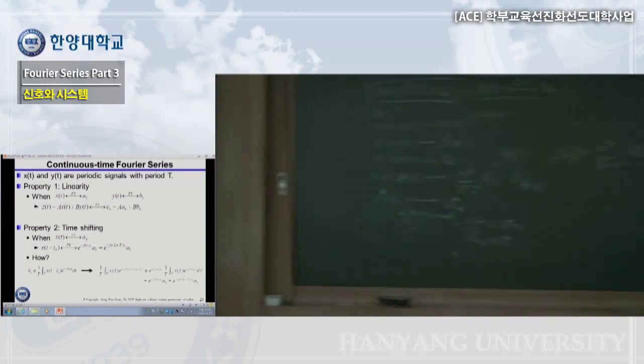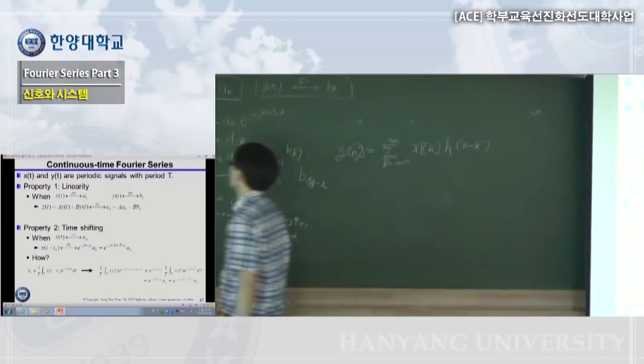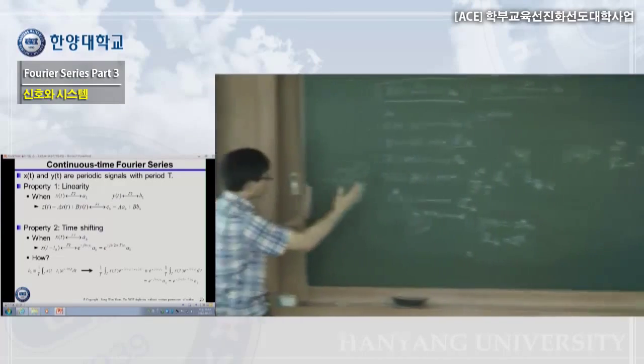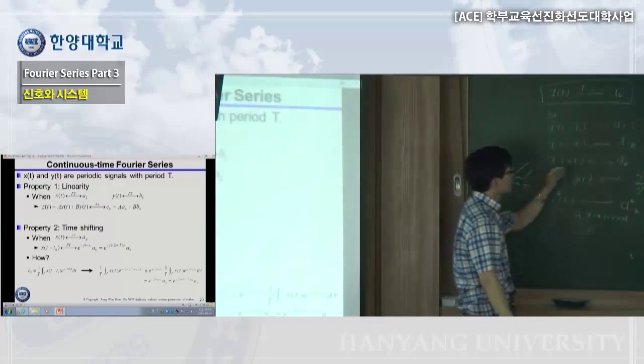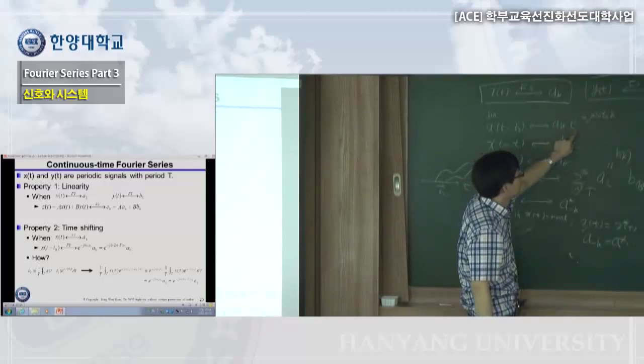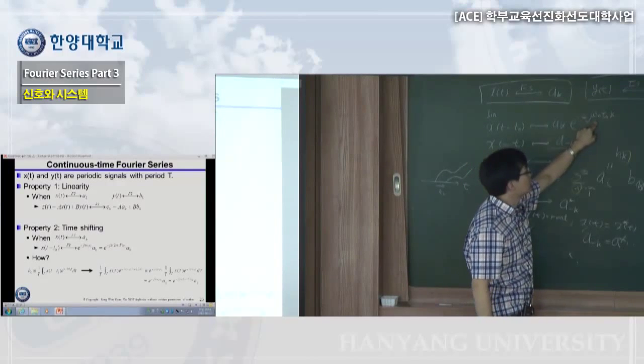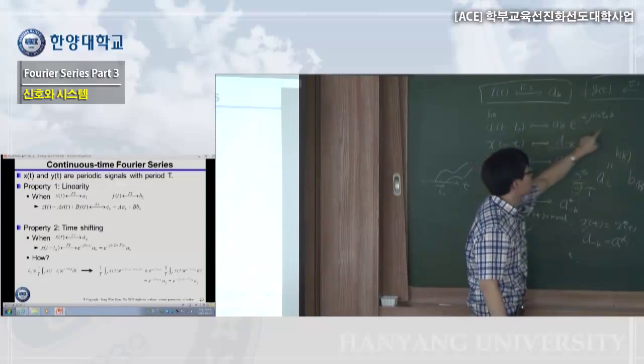And also, in case of time shifting, property number 2: if you shift the signal in time, that means in the time domain there is a signal, and if you shift the signal by t0, the shifted signal will have the coefficient times e to the minus j omega 0 t0 times k.